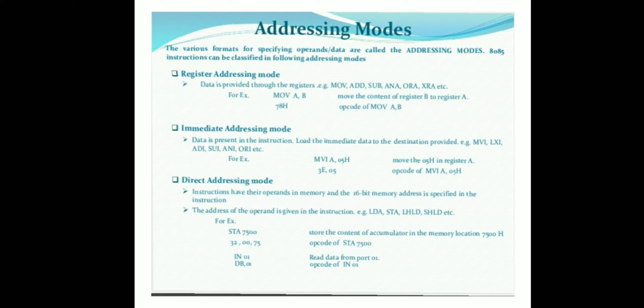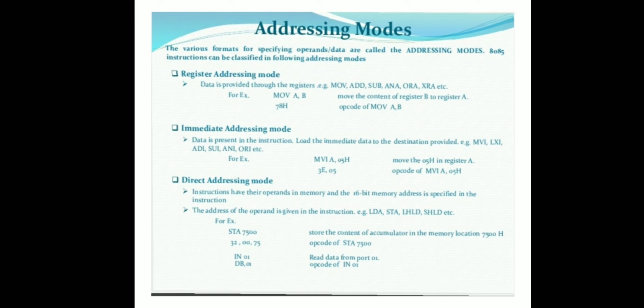Direct addressing mode. In this addressing mode, the instruction has its operand in memory, or a 16-bit memory address, which is specified by the instruction. The address of the operand is given in the instruction.